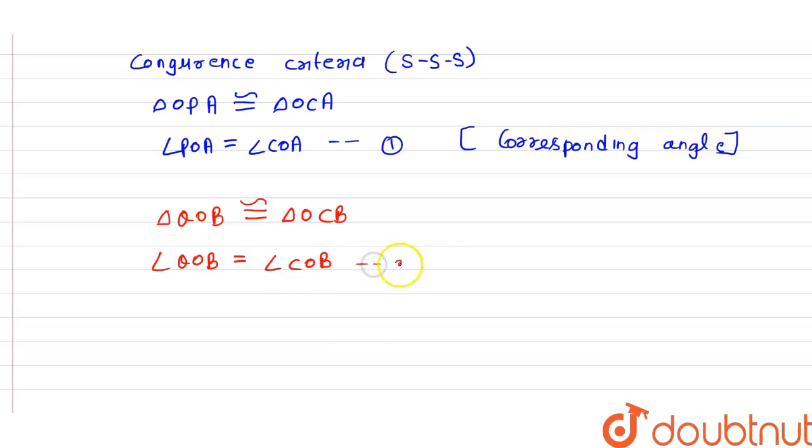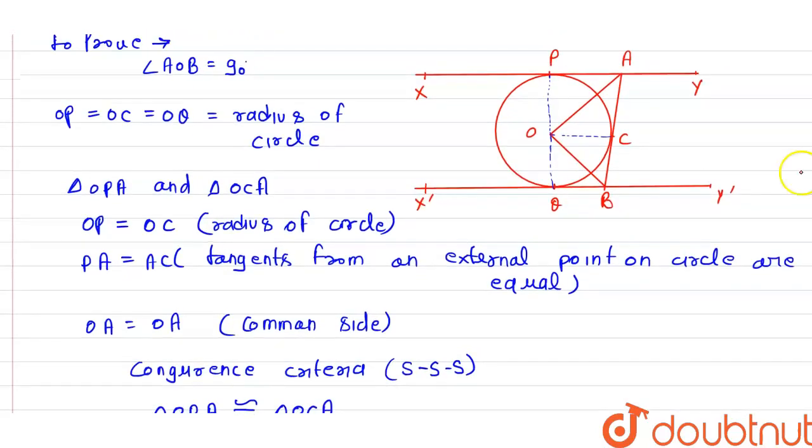Let's suppose this is equation 2, because these are corresponding angles in triangle OQB and triangle OCB.